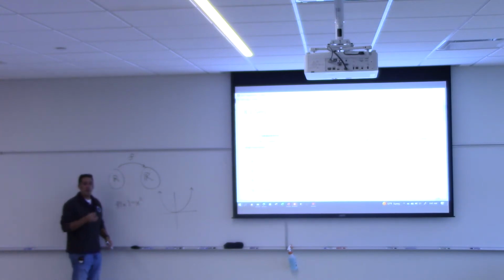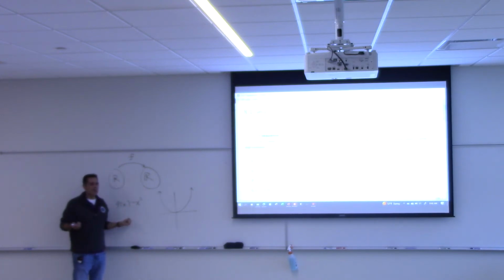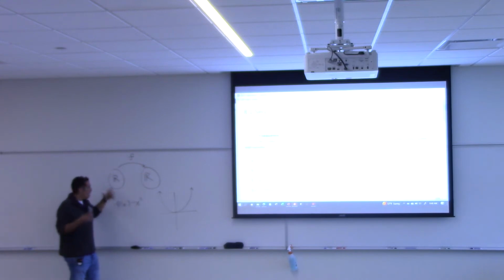You can plug in 0.2. You can plug in pi, any number you want. So the input is any number that works. Some functions can't handle certain numbers, like 1 over x. You can't plug in 0, but other than that, you can plug in any other number you can think of.